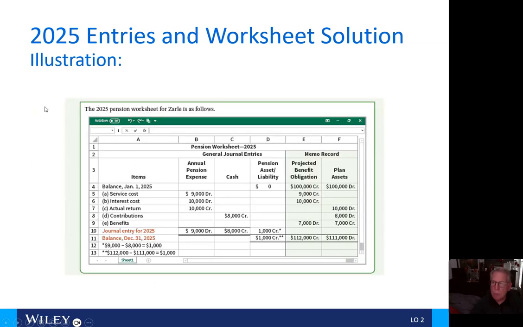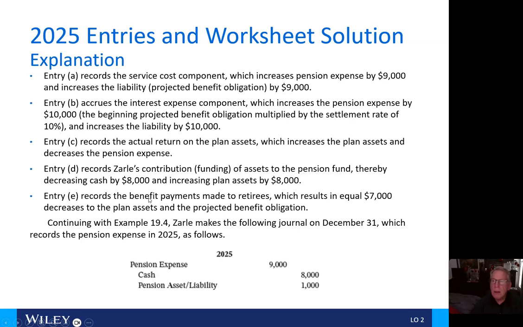Entry Bravo, which is interest cost here, accrues the interest expense component, which increases pension expense by $10,000. That's the beginning projected benefit obligation multiplied by the settlement rate of 10%. And it increases the liability by $10,000.